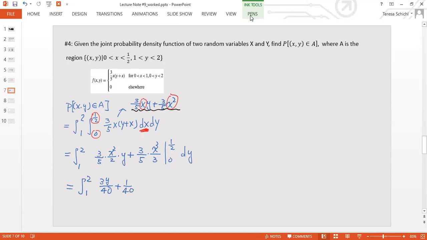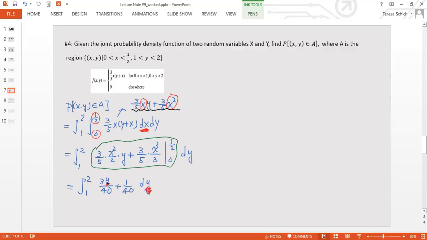This is what you get by substituting the upper bound minus the lower bound. Then you take the integration for dy. I strongly recommend you carry out this integration and see if you can reproduce the same value I do.